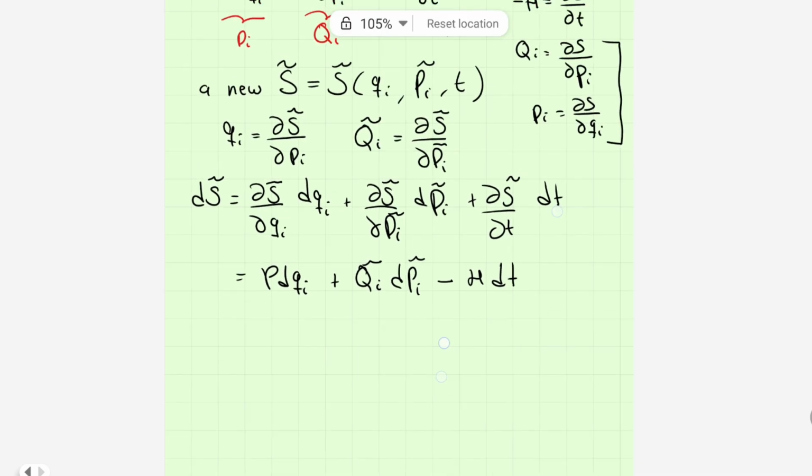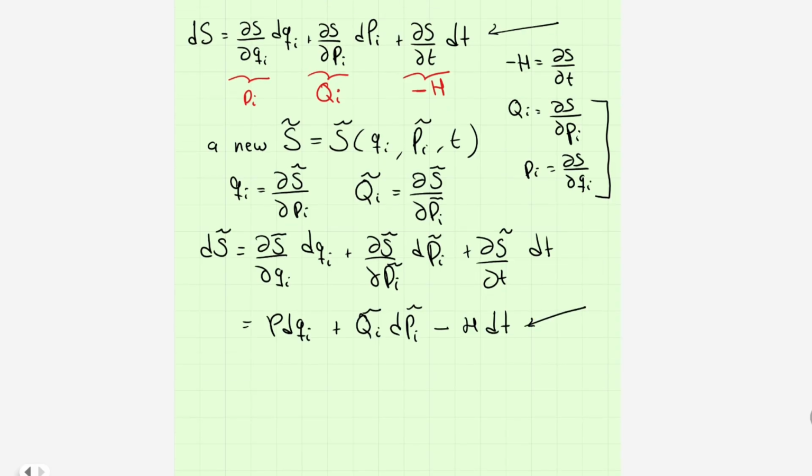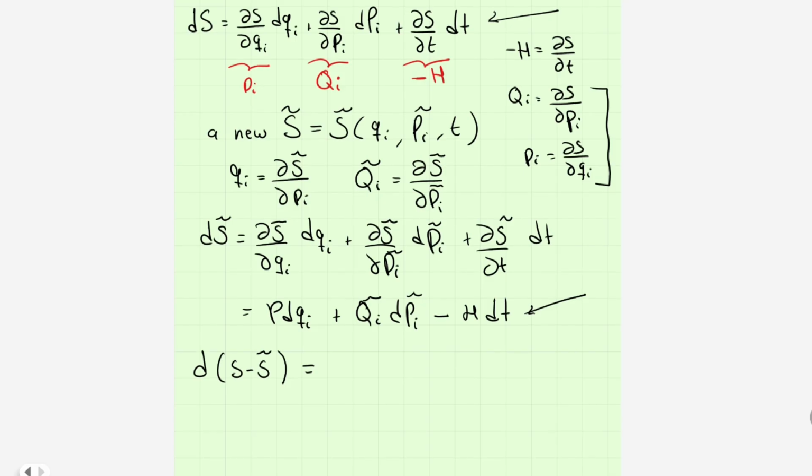So you can see that from this equation and from this equation, we can make the subtraction to get that d(S minus S tilde) is going to be equal to Qi dPi minus Qi tilde dPi tilde.